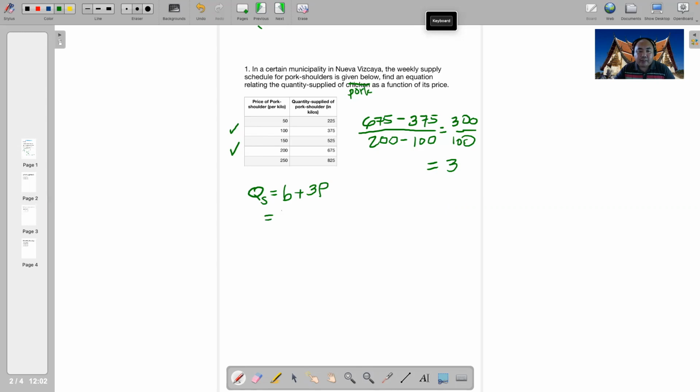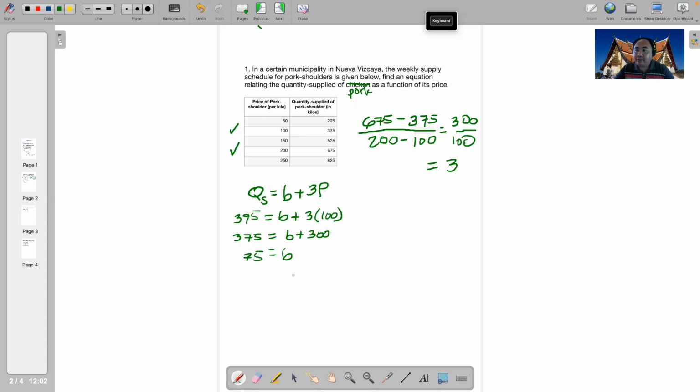So that's B plus 3 times 100 gives us 375. So that's B plus 300 is equal to 375. Therefore, B is 75.